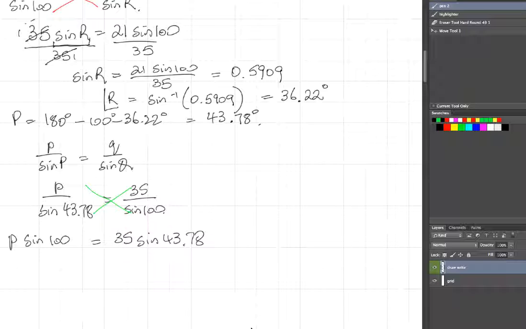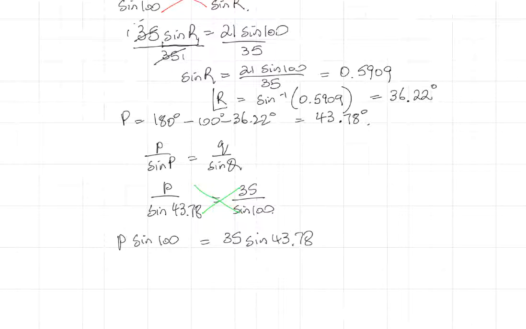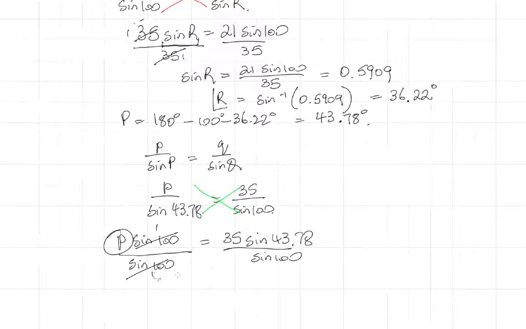Now we want to find P by itself, so we divide both sides by sine 100. The reason we divide by that is that it allows us to get P by itself, because that's 1 and that's 1.